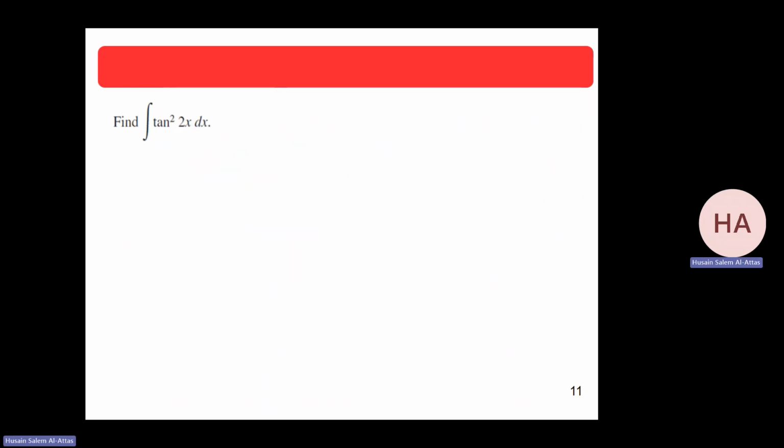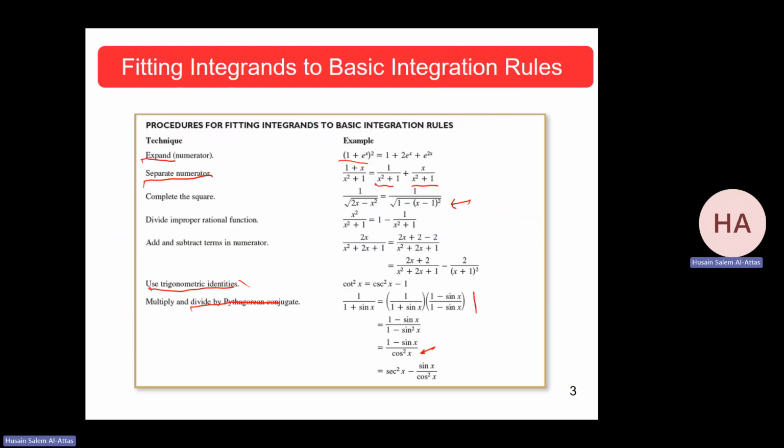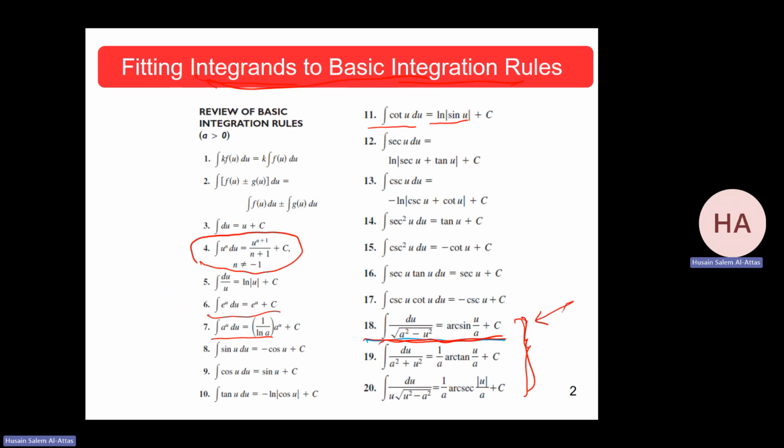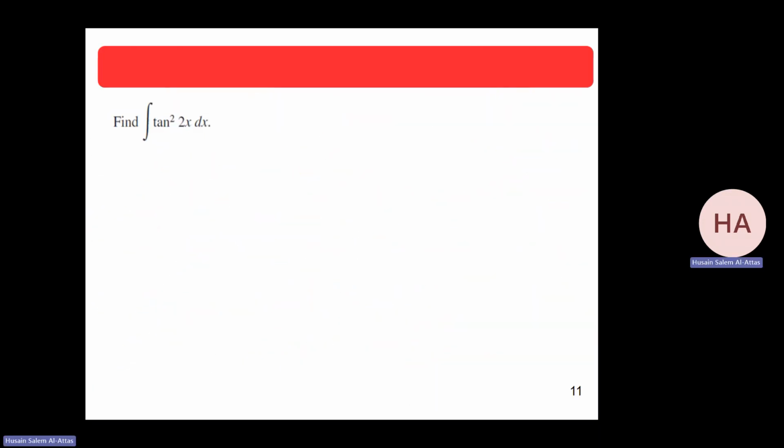Next, tan squared x. There is no formula for tan squared. Do you have a formula for tan squared? No. But there is a formula for secant squared. And I know that 1 plus tan squared of any angle, like 2x, will be secant squared of 2x.